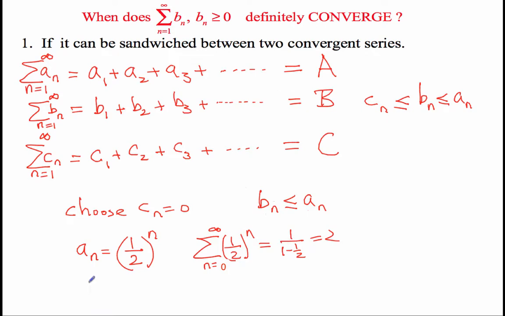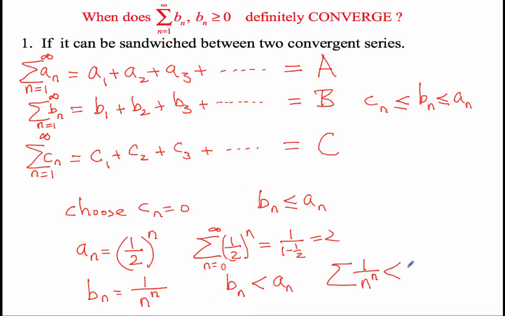Now, if I have the sequence Bn, let me invent one just to see how this test works, which is, let's say, 1 over n to the power n. You can certainly see that n to the power n is going to be bigger than 2 to the power n, and so 1 over n to the n will be less than 1 over 2 to the n. And so what we have is Bn is less than An. And so, if we ask the question, does 1 over n to the n converge or diverge?